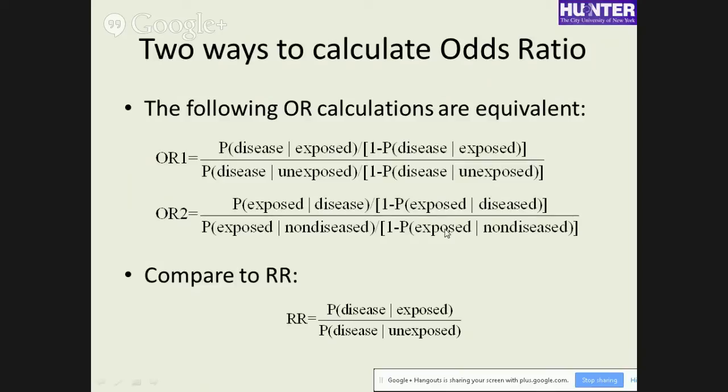your probability of exposure given the disease is the other one, probability of disease given exposed, times the probability of exposure. So it depends on that prior probability.